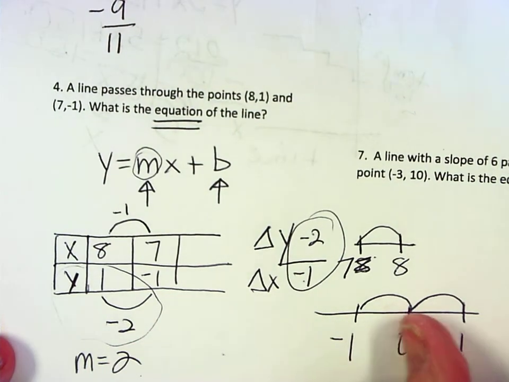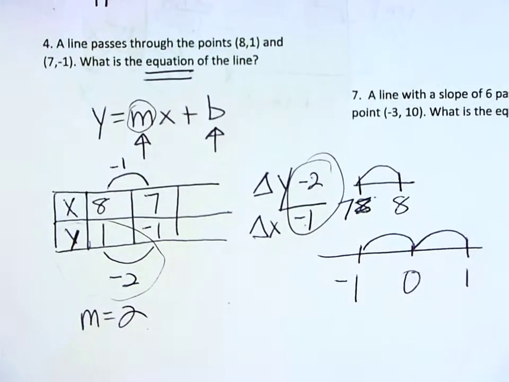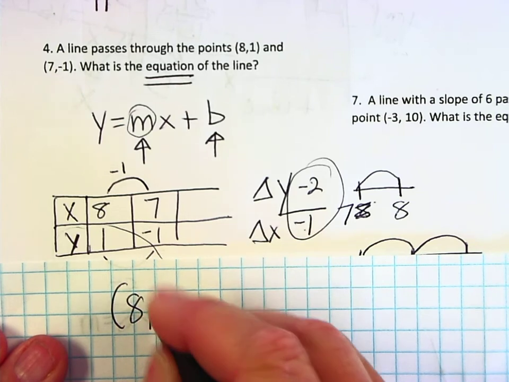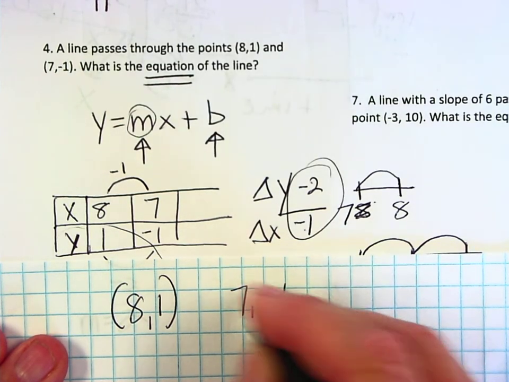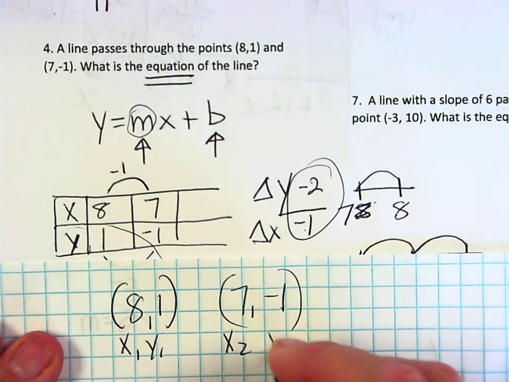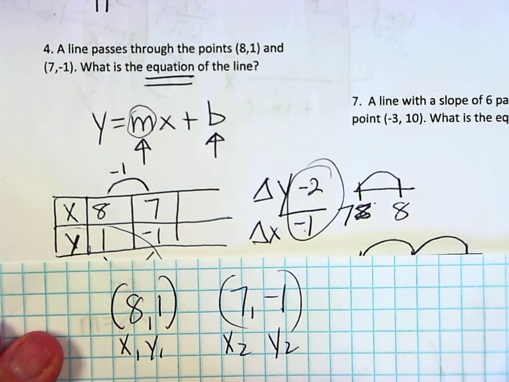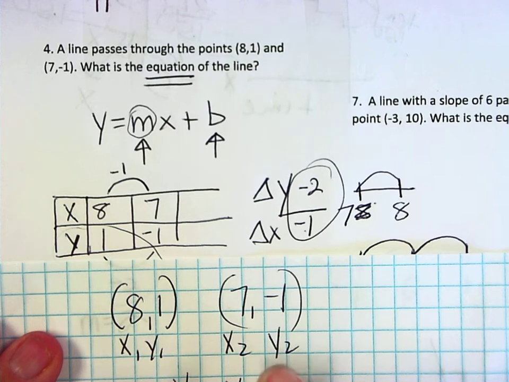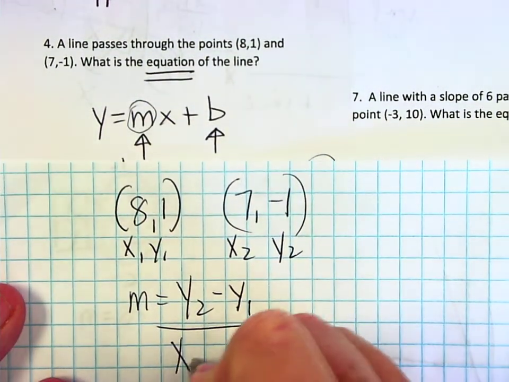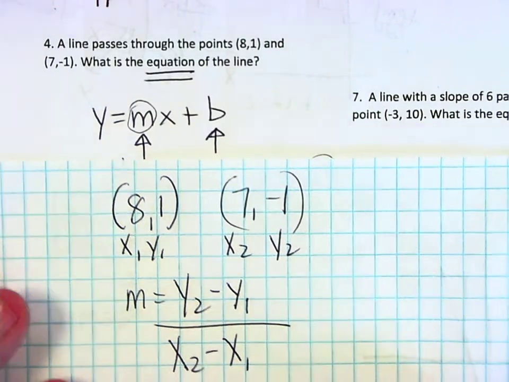If you did use the formula and you had the points 8, 1 and 7, -1, x1, y1, x2, y2, slope is y sub 2 minus y sub 1 over x sub 2 minus x sub 1.